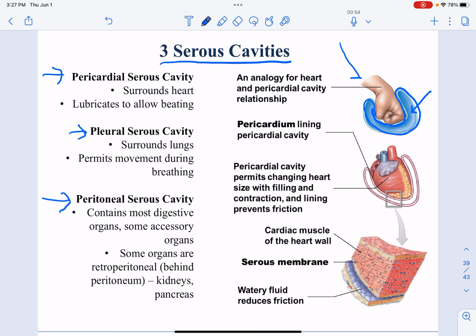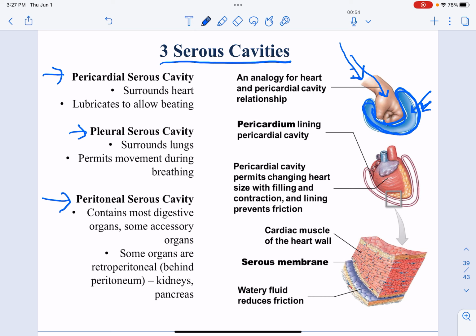So imagine the heart pushing down as it develops into this cavity, and it has 2 sheets of membranes. It's kind of like if you blew up a balloon and put your fist gently into the balloon, you would then create these 2 membranes right here. These membranes are called serous membranes, and within the middle is serous fluid.